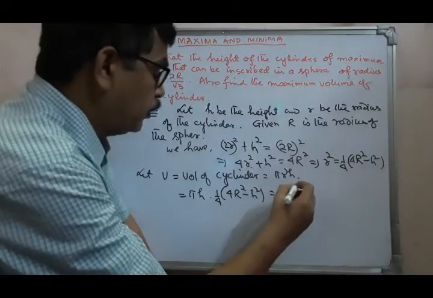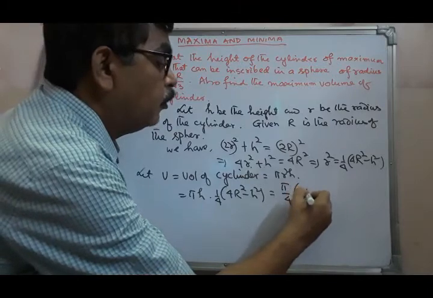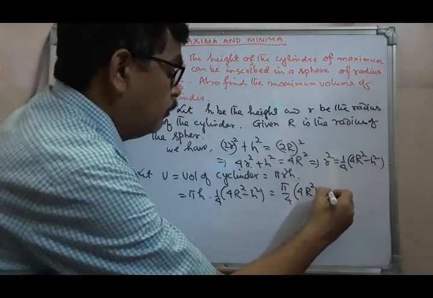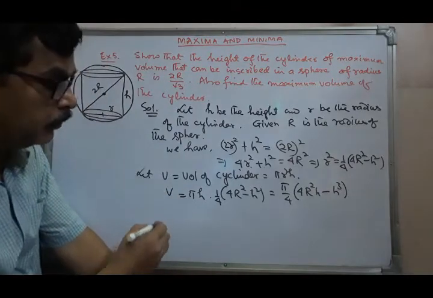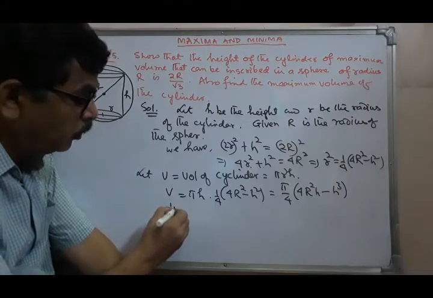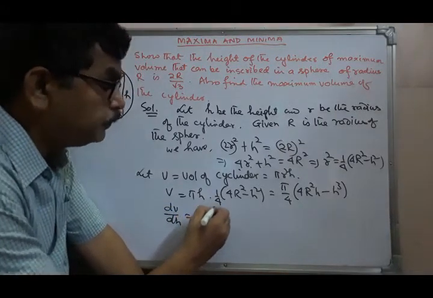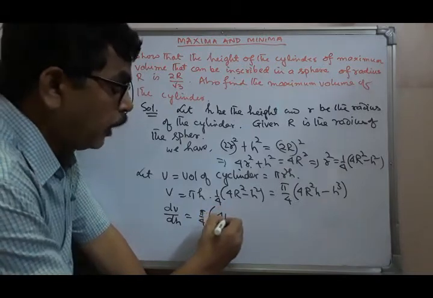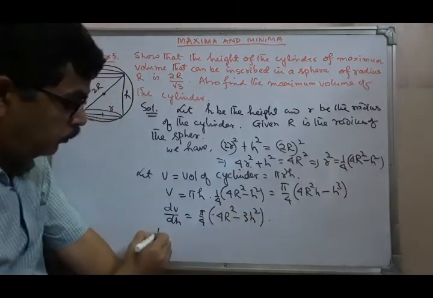So therefore we get pi by 4 times (4 R square h minus h cube). This is V. Differentiating with respect to h, dV by dh equals pi by 4 times (4 capital R square minus 3 h square).